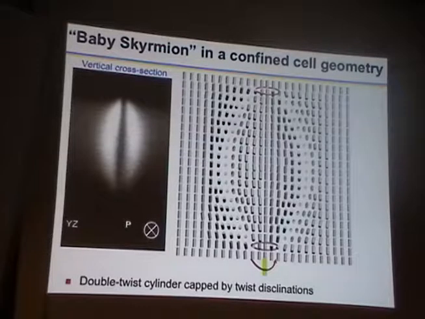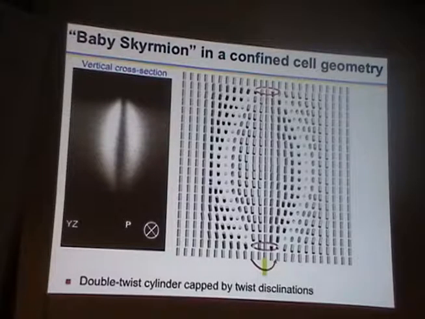So one of the structures that we can generate is very much analogous to the baby Skyrmion or two-dimensional Skyrmion that I showed you we can form in ferromagnets.